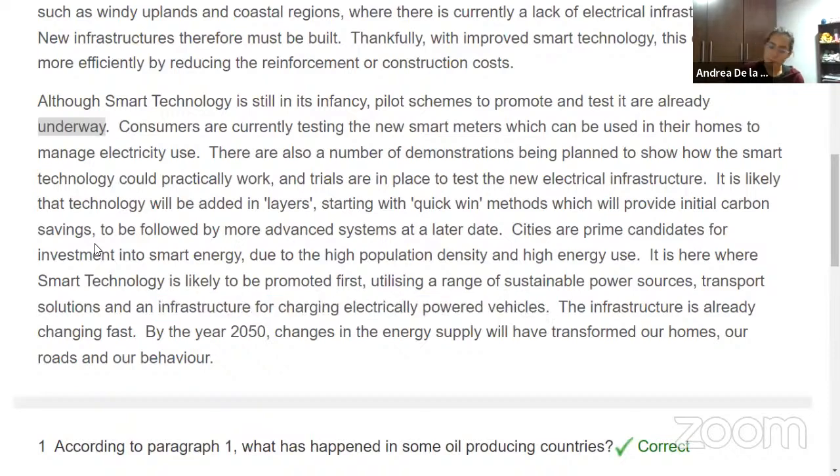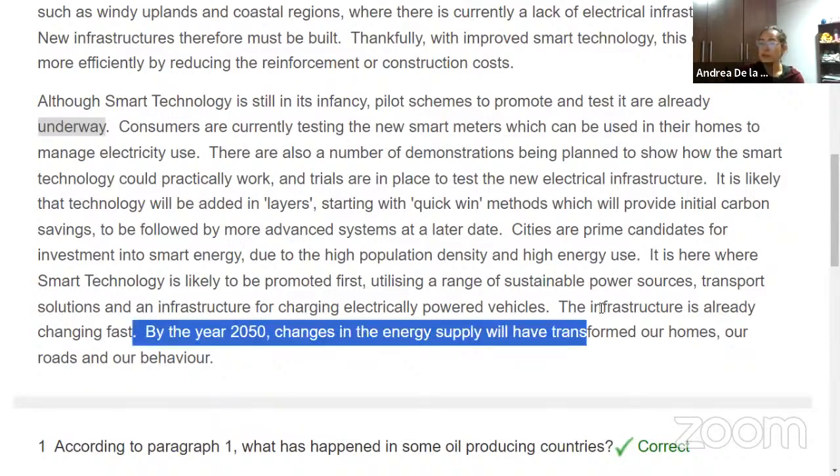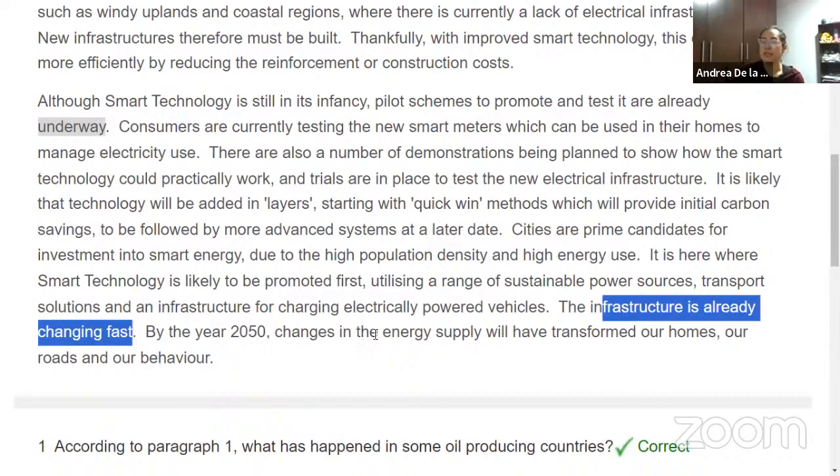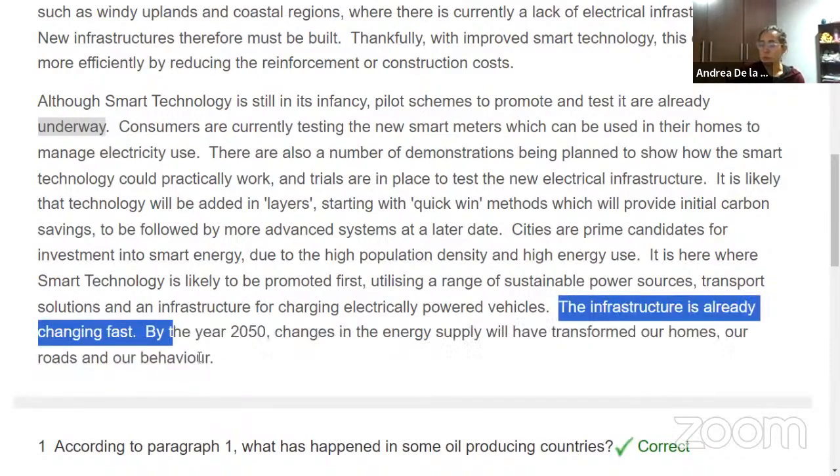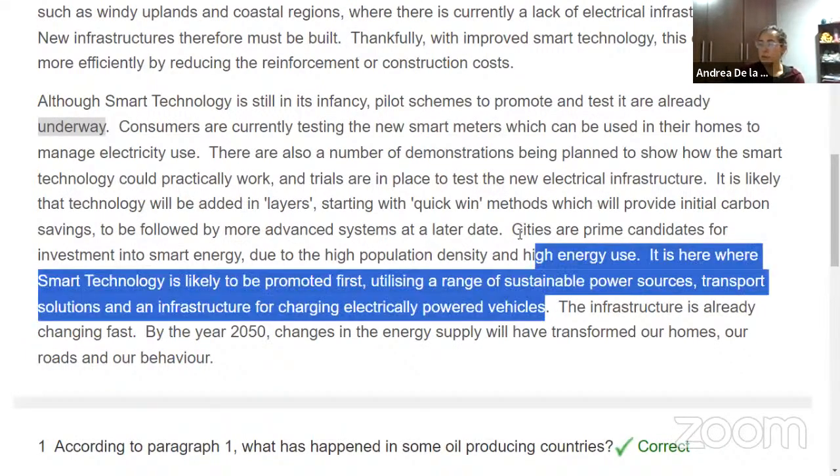So there's going to be one place where you can charge electrically powered vehicles or cars. Now, the infrastructure is already changing fast. By the year 2050, changes in the energy supply will have transformed our homes, our roads, and our behavior. This is not related to cities anymore, right? I think this is just a conclusion. So this is what we know about cities.